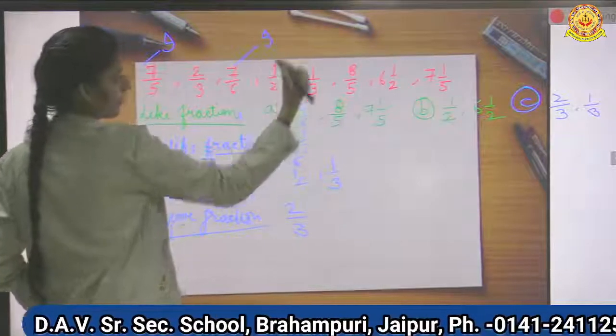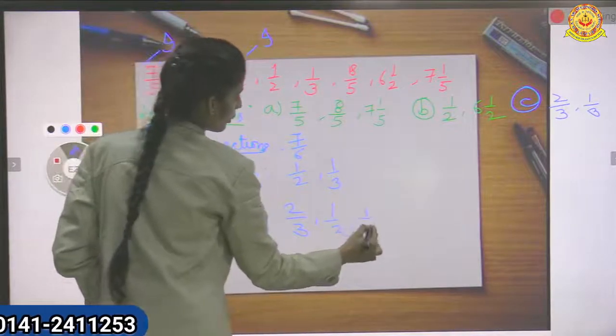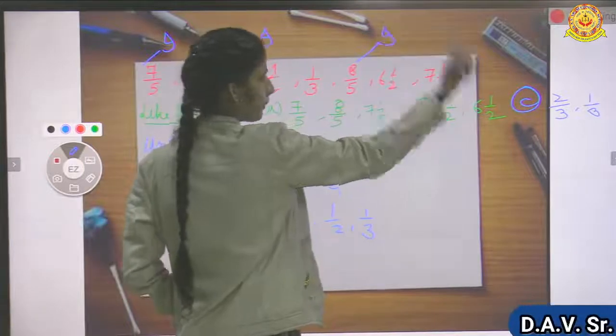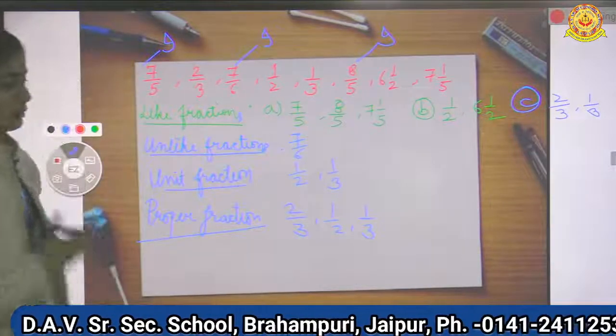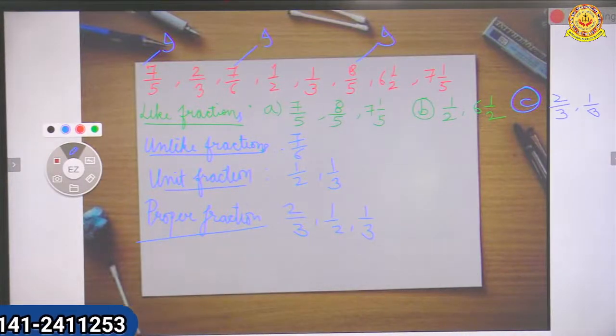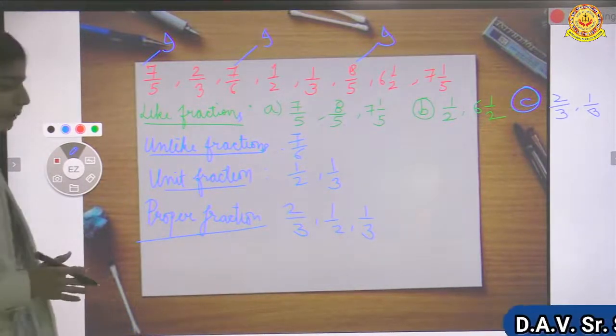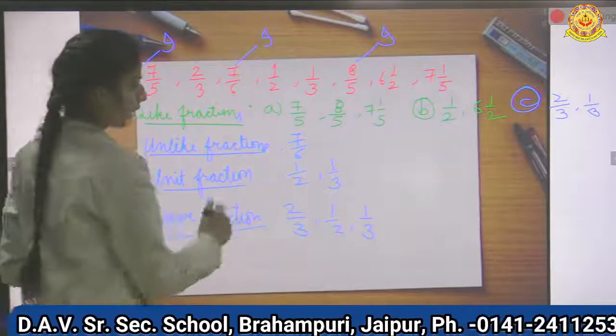Where did it go? Improper. 1/2, 1/3, improper. Now on converting, the mixed fraction will also go to improper, but right now we are not writing it as improper fraction, we will include it in mixed fraction. Okay, so we have 3 proper fractions.